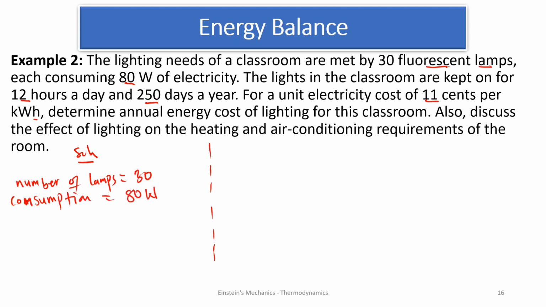Are we good? So the light is kept on for 12 hours a day. So for the 24 hours within a day, we switch on this light for 12 hours. So hours per day, that will be 12. And this light is on 250 days within the year.